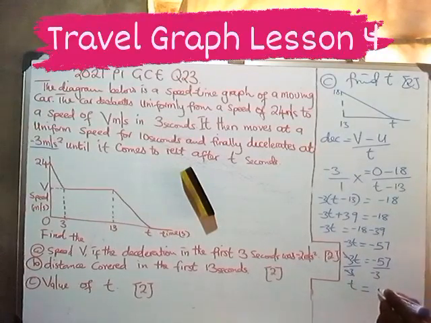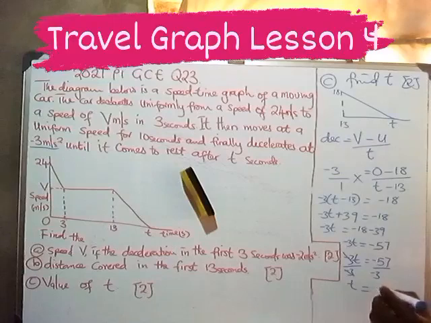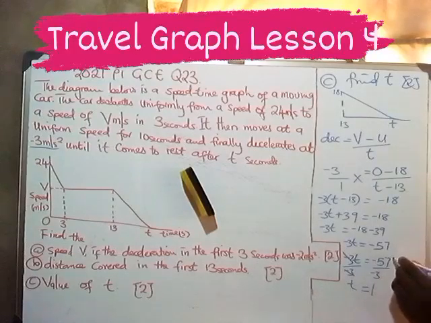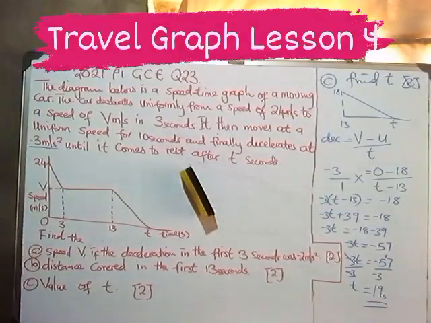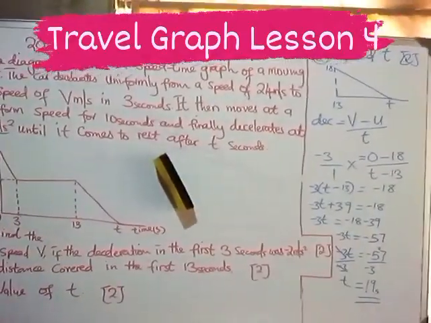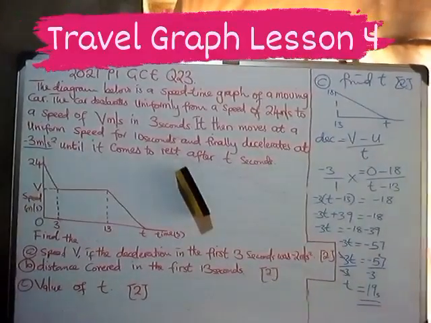Negative divided by negative is positive. 3 into 5 goes 1, remainder 2. 3 into 27 goes 9. So our value of t will be 19. So 19 is the answer for the value of t.